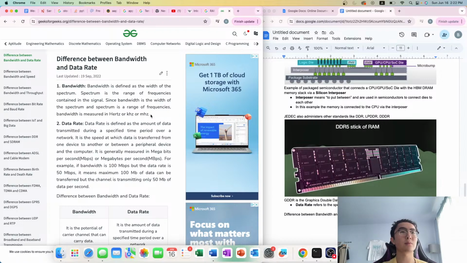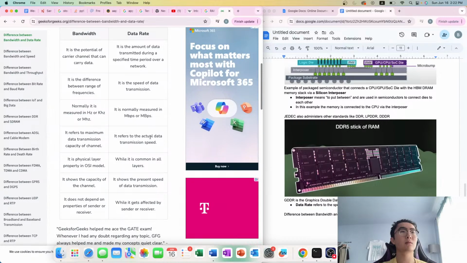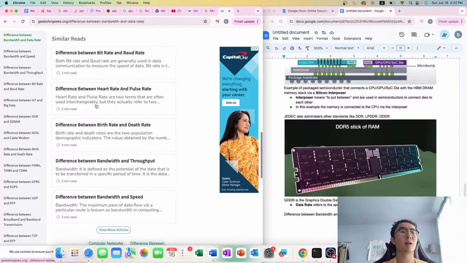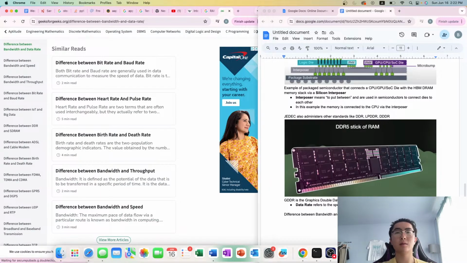Bandwidth is width expression. Data rates. Geeks for geeks.